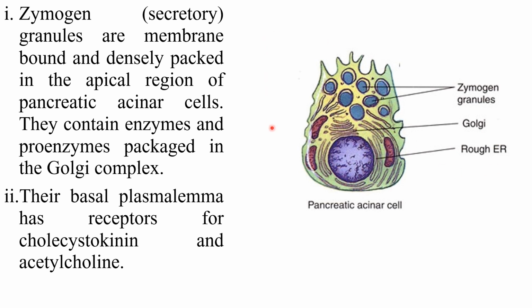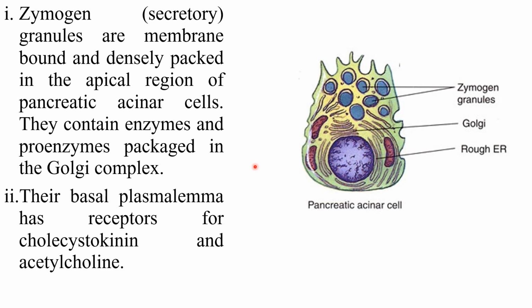This is the structure of a single acinar cell. You can see here there is a basal, round nucleus, surrounded by many mitochondria, rough endoplasmic reticulum, and Golgi complex.